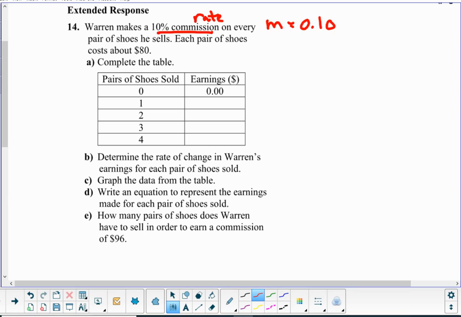Each pair of shoes costs $80. All right, so he gets 10% of $80.